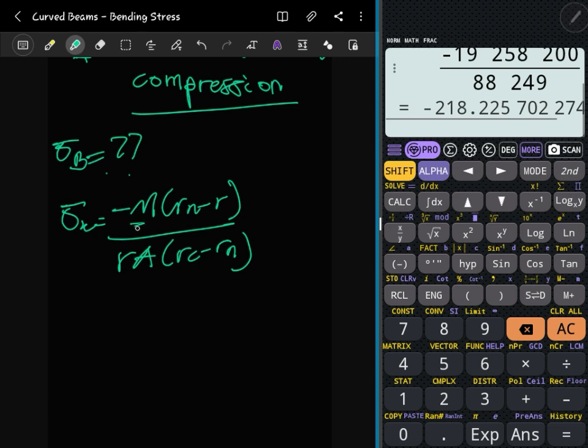The moment is the same. The Rn doesn't change because of the loading system, the neutral radius. RC is the same based on the geometry, and A, the sectional area, is the same. The only thing changing is R, because we are checking the bending stress at a different position.